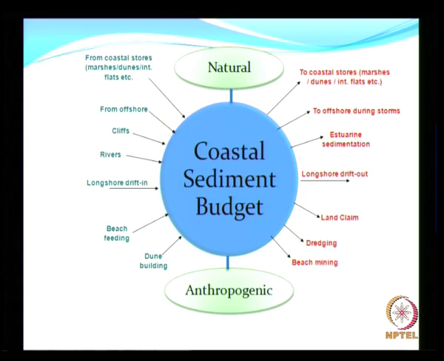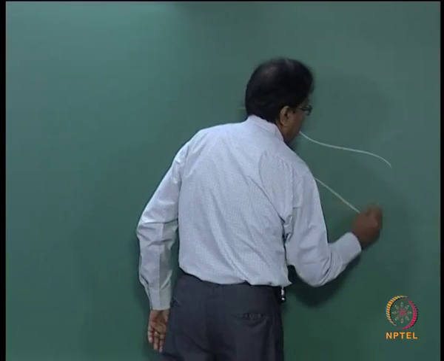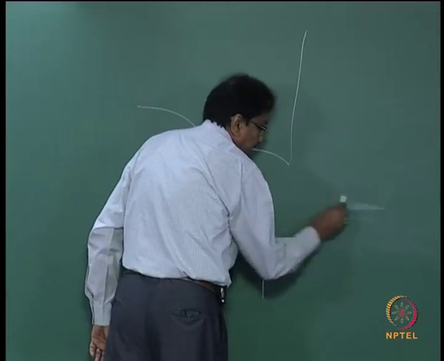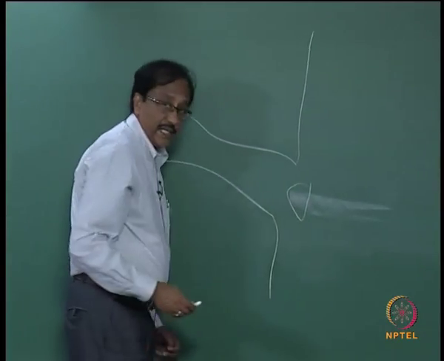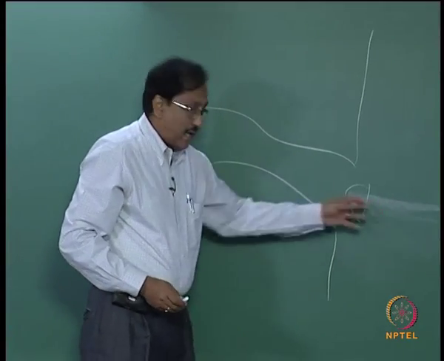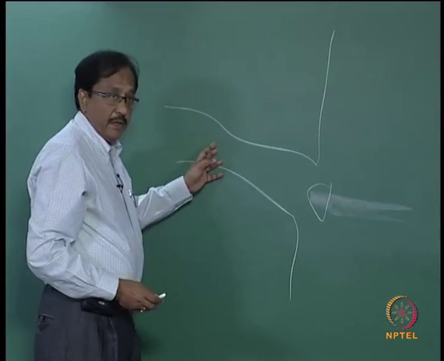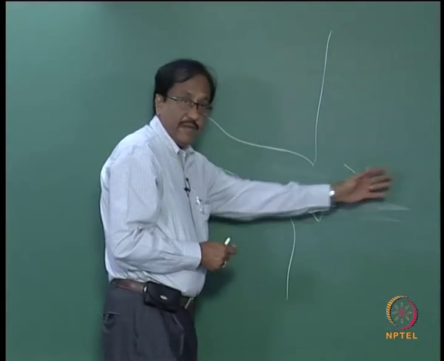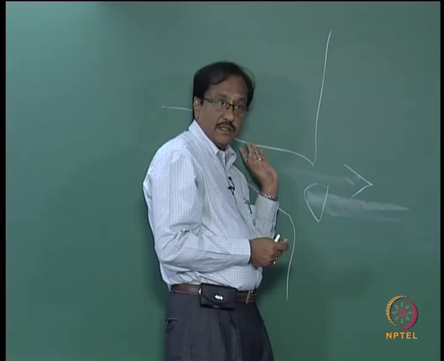That creates another major problem, which is when you have an estuary open to an ocean. There is a supply from the ocean during high tide, which brings in a lot of sediments, but during low tide when the water is returning, it does not take away all the sand; it leaves the sand here.